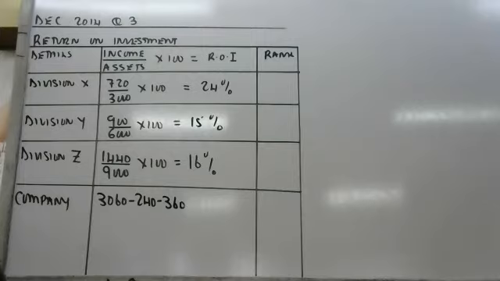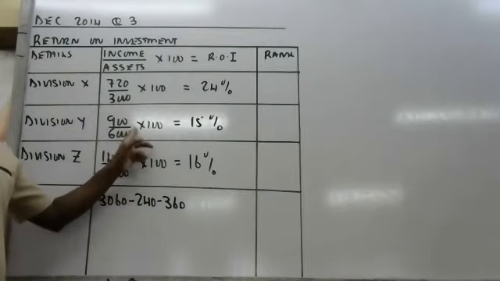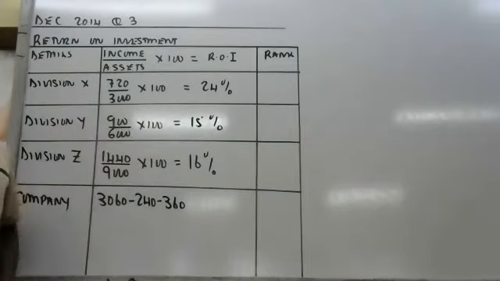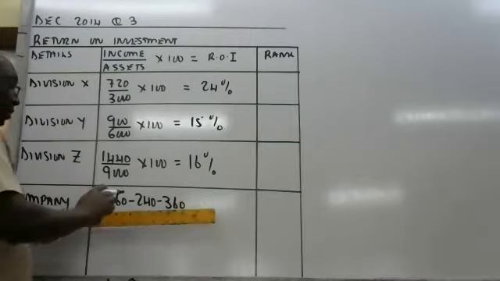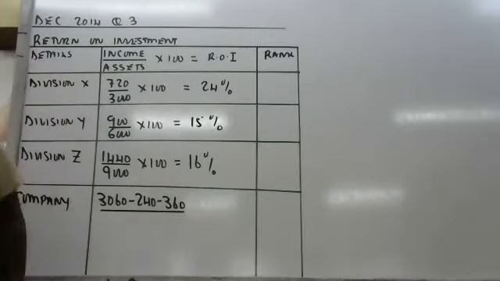But we are not going to charge interest on debt because these incomes that we have used are before interest. So we will not include it. Then you divide by the total assets of the company.